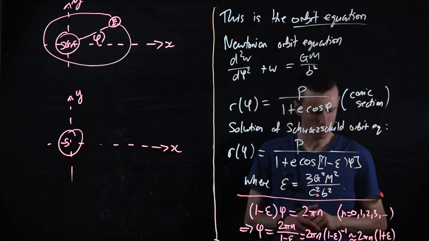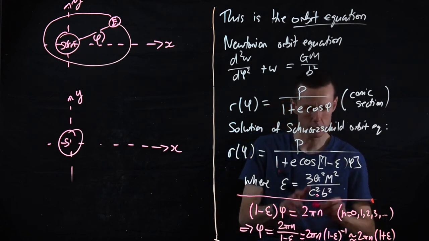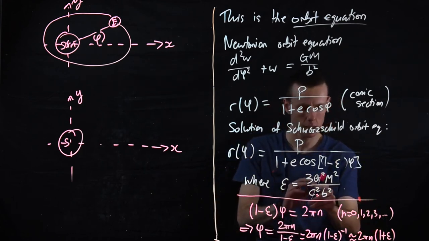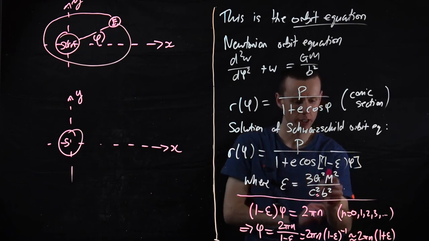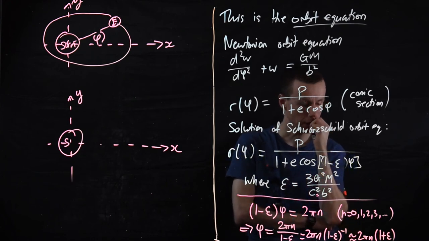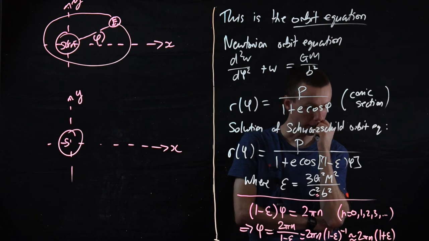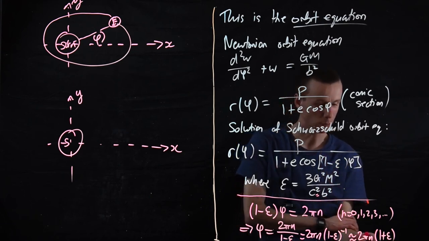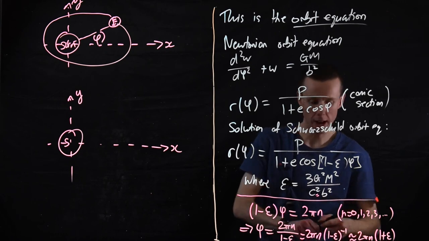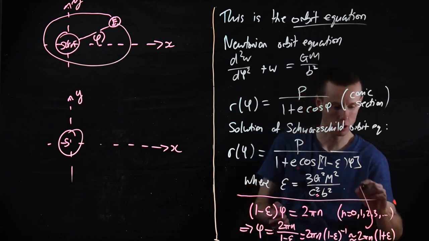And so epsilon here is 3g squared m squared over c squared b squared. And so the period is 2 pi times 1 plus epsilon. Okay, so not just 2 pi anymore, but 2 pi times 1 plus epsilon.